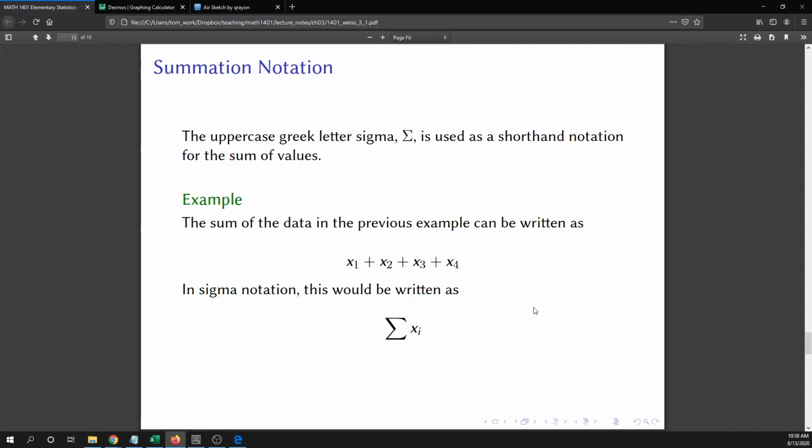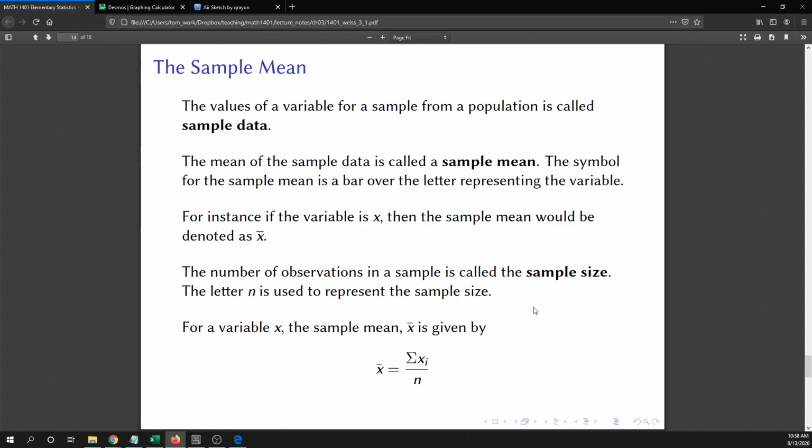That brings us to the sample mean. When I take a sample from a population, those values are called sample data. And when I take the mean of that sample data, it's just called the sample mean. So I've got a sample, I take the mean of the sample data. That's it.